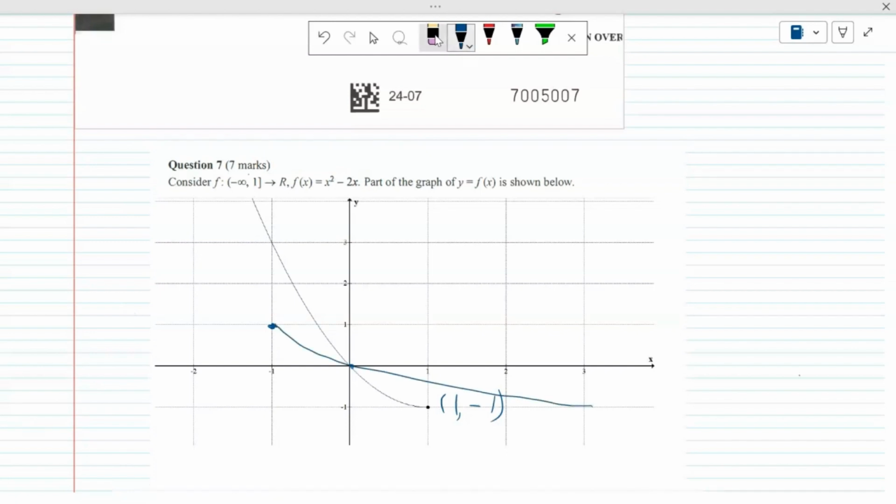Should I start from this end then? Oops, I just missed it. I want to hit this side.